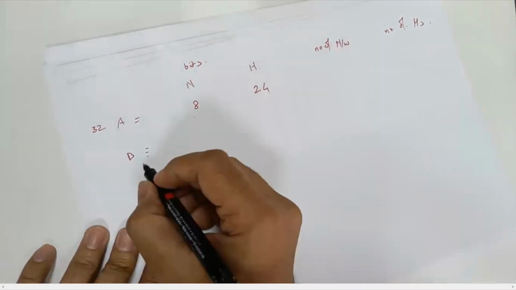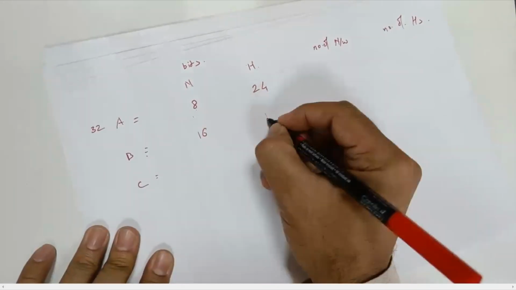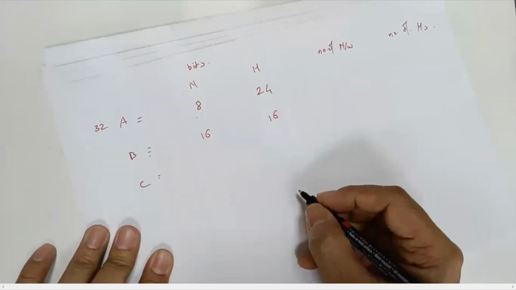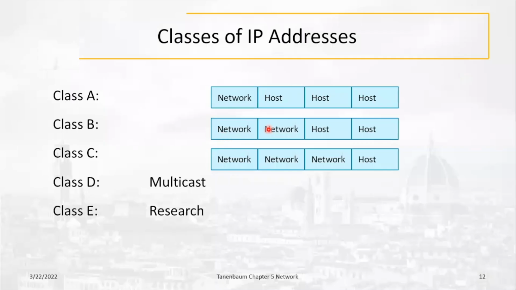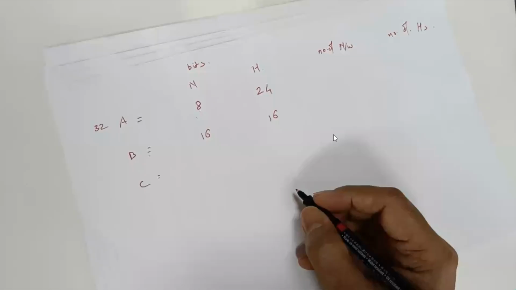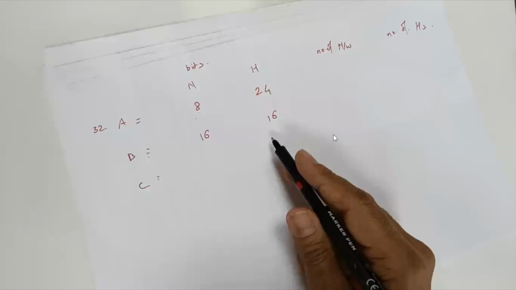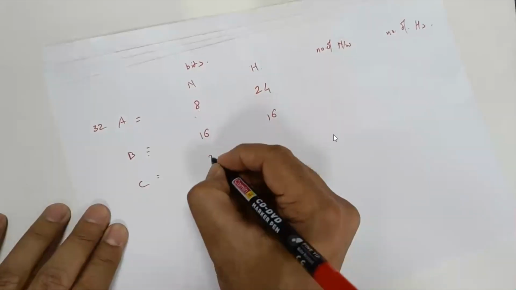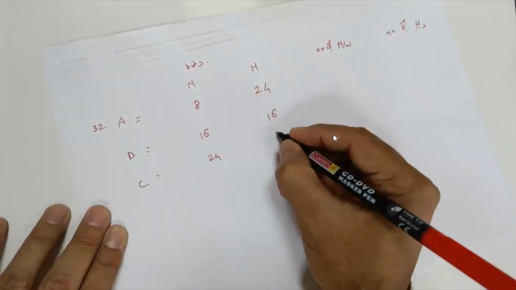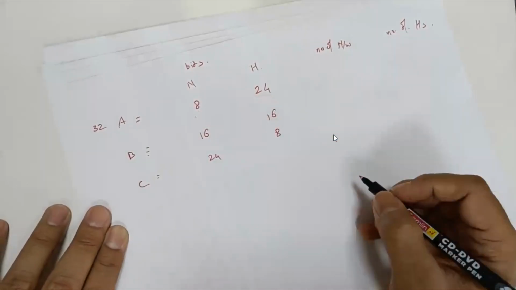For class B, it is an equal division, 16-16, because two octets are assigned to network bits and 2 octets are assigned to host bits. Each octet is of 8 bits. So that's why 16:16. And in class C, 24 bits are network bits and only 8 bits are host bits.